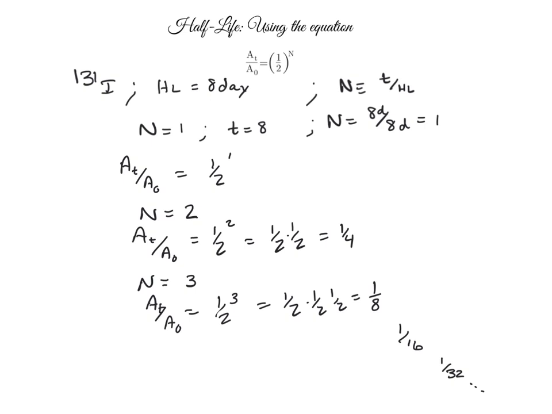The reason that we cast this in this base of 1/2, and that is the base right there, is because it's easy to count. It's easy for us to look at these things and say, well, I know what it is when n equals 1, then it's a quarter, then it's an eighth, then it's a 16th, then it's a 32nd. It's easiest for us to count that way, and that's why we leave it in that 1/2 format.